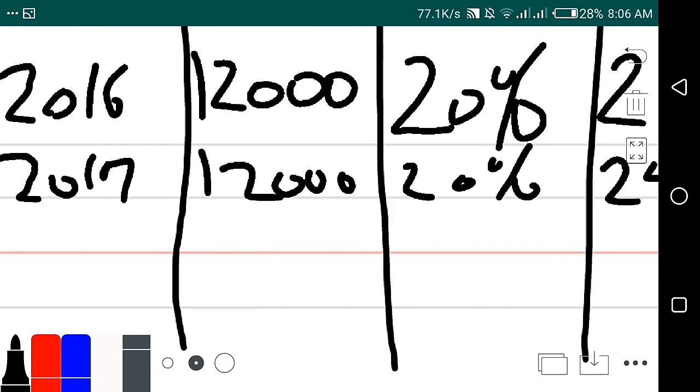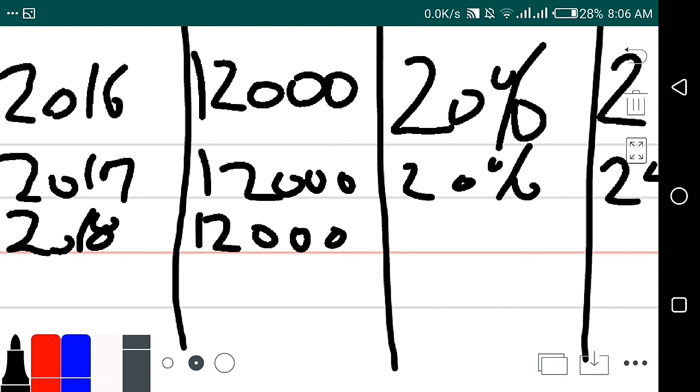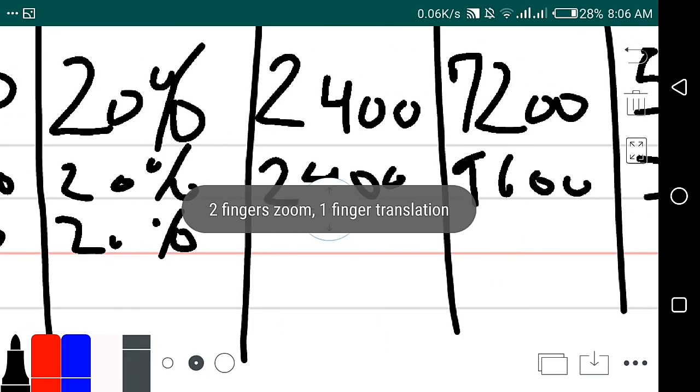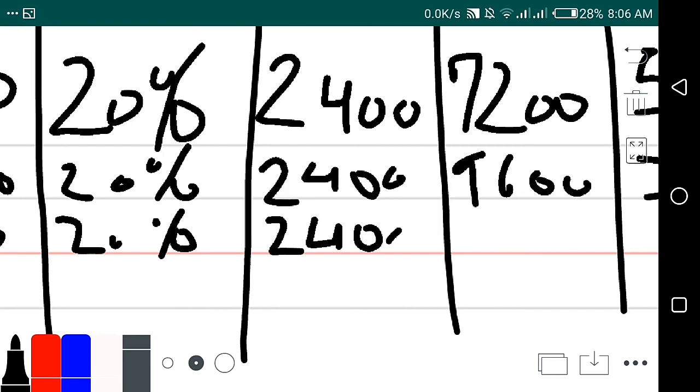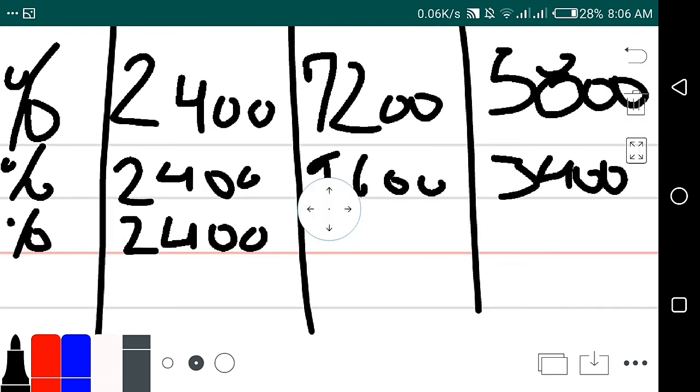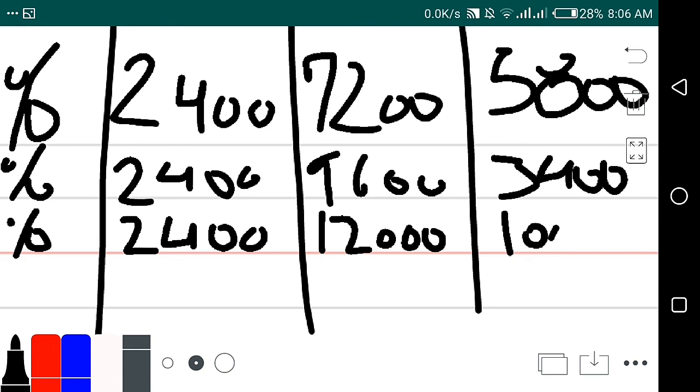In the last year, it is 12,000 multiplied by 20% is equals to 2,400, and the accumulated depreciation is 12,000, and last, the book value would be equals to the residual value, or 1,000.